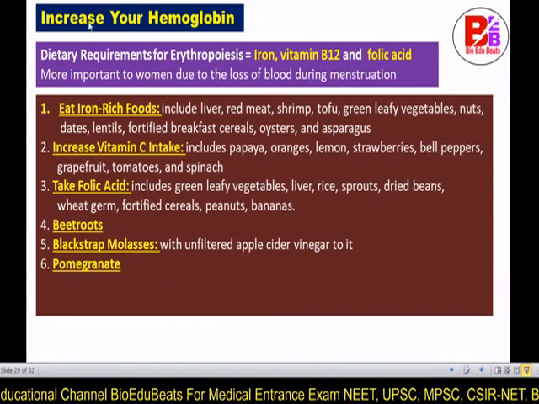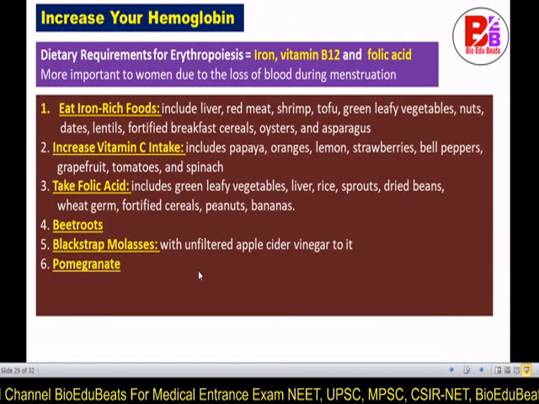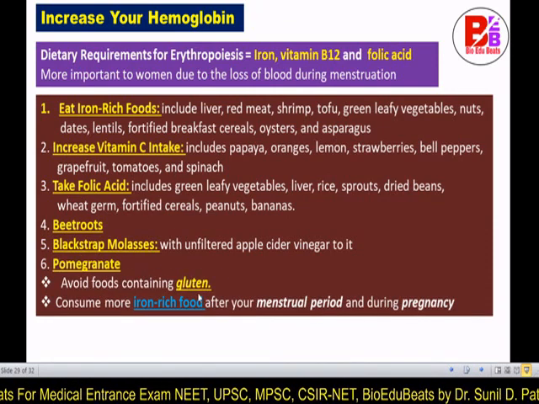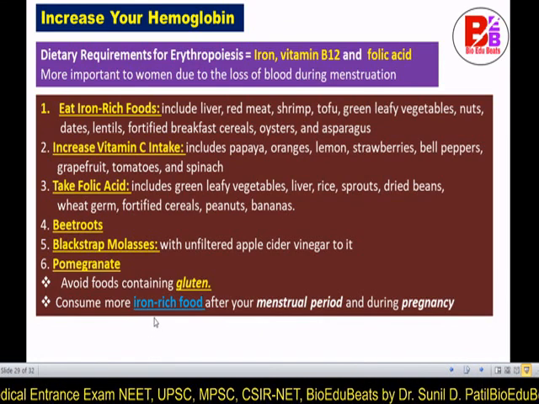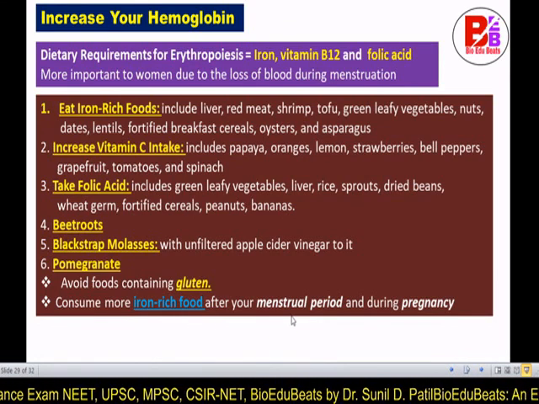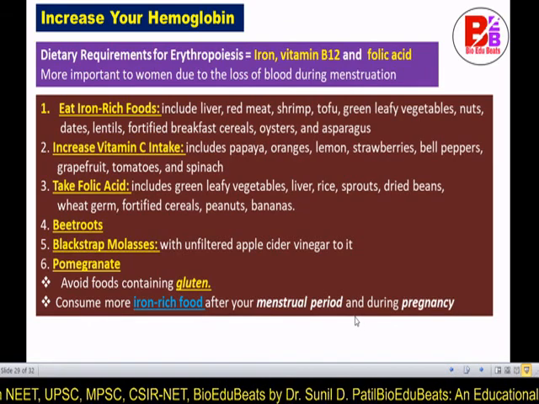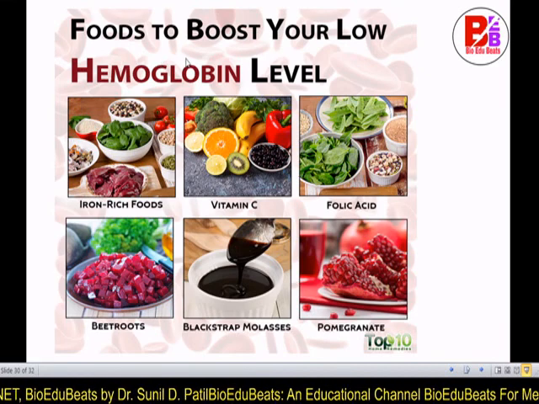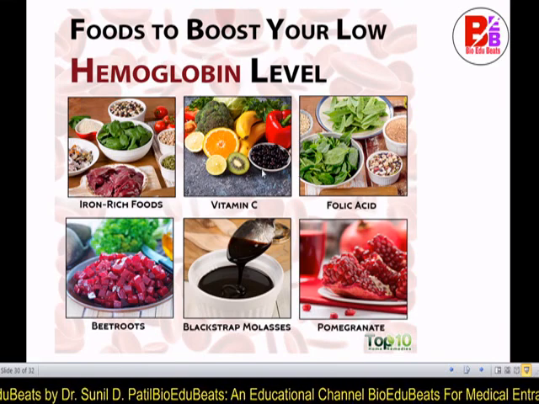These things definitely increase the level of hemoglobin to normal. Avoid food containing gluten. Women should consume more iron rich food after their menstrual period and during pregnancy. So these are the foods to boost the hemoglobin level.